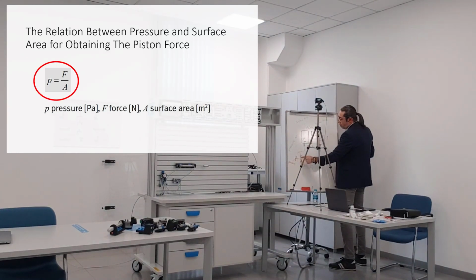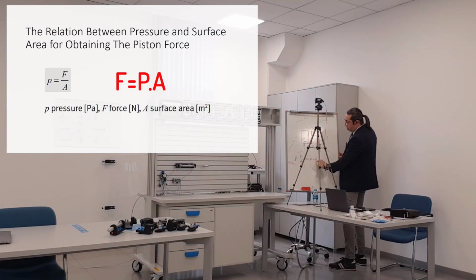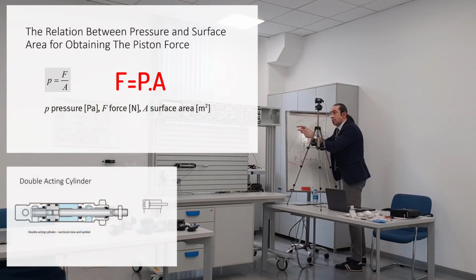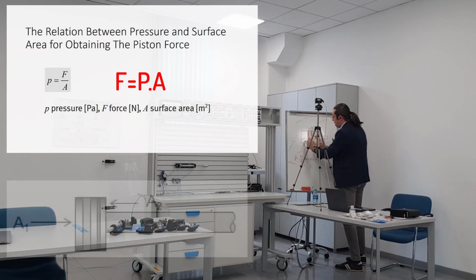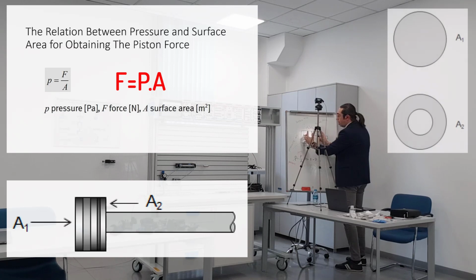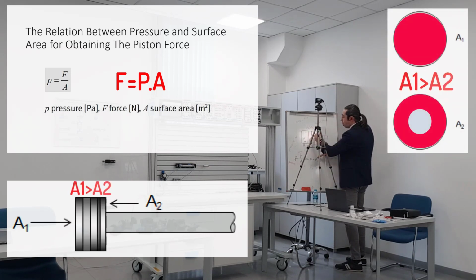Pressure equals force divided by area, and force equals pressure multiplied by area. Inside the cylinder there's a piston, and the piston surface area is different on both sides. Same pressure, but different surface area.